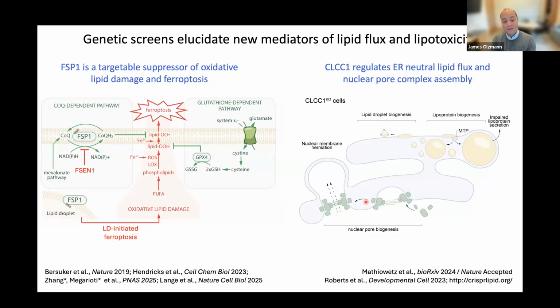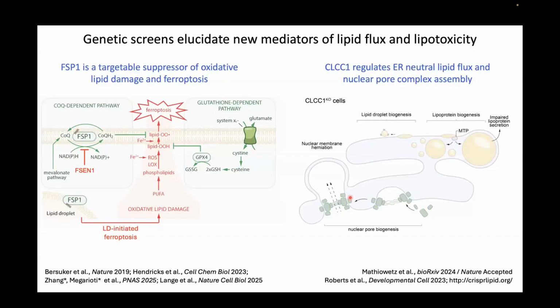But the idea is that if it is channeling into phospholipids, we have two parallel pathways to protect membranes from damage. So with loss of FSP1 under those conditions, even though we would have more PUFA in the membrane, they'd be protected by GPX4, whereas the neutral lipid in the droplet seems to have a heavy reliance on FSP1, if that makes sense. Thank you.